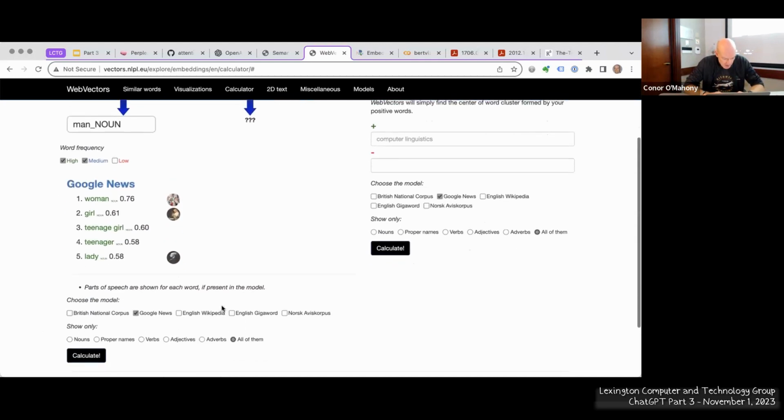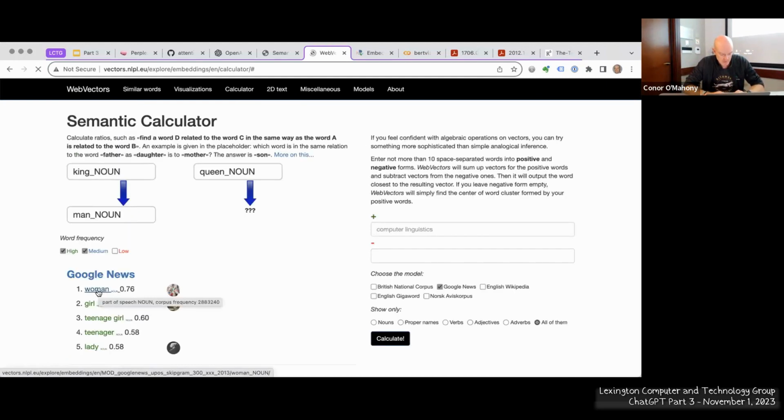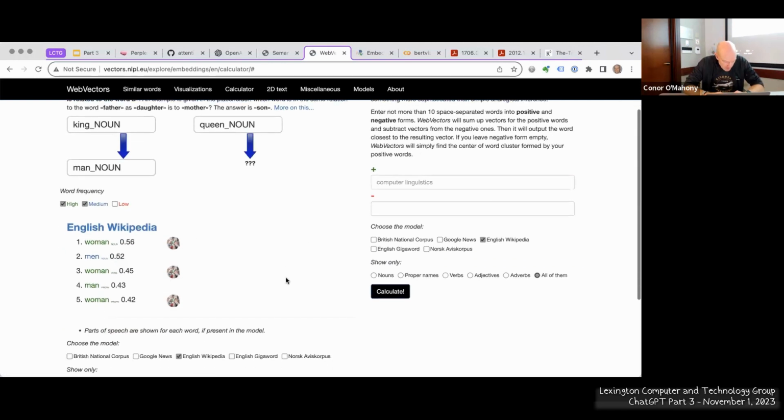So let me actually go back to English Wikipedia and have a look at why woman might have been there twice. Oh, here we go. Yeah, so it says woman the noun and woman the verb and woman the proper noun.